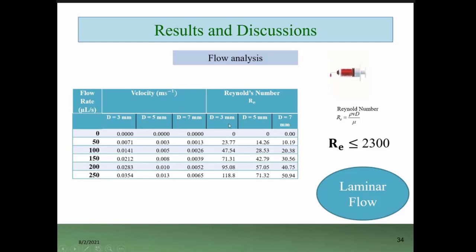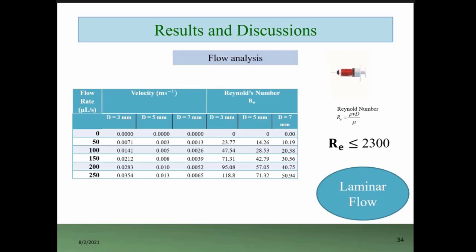And in every case, it was found that the Reynolds number is less than 2300. Now, the Reynolds number is basically used in fluid mechanics to define the type of the flow. If the Reynolds number is less than or equal to 2300, we can say that the flow type is laminar flow.